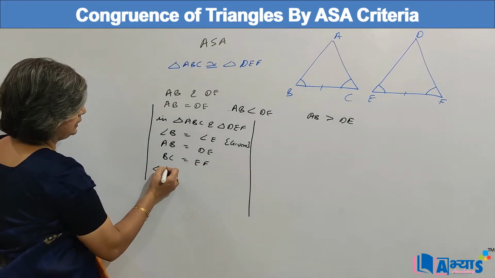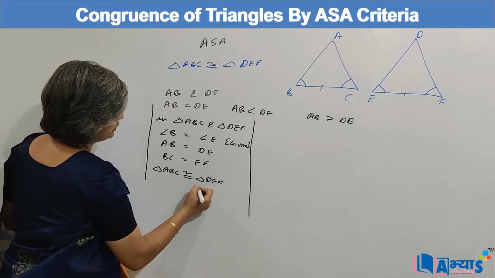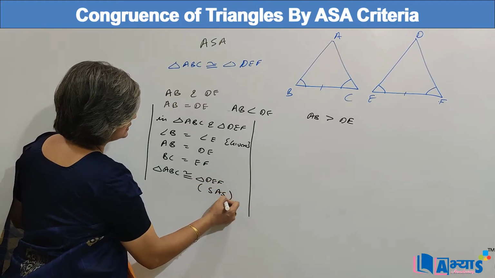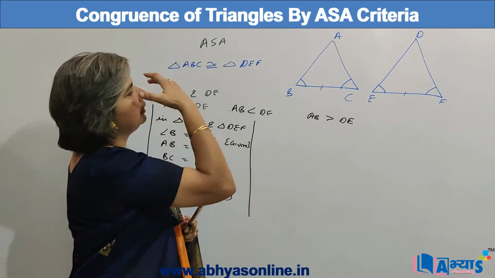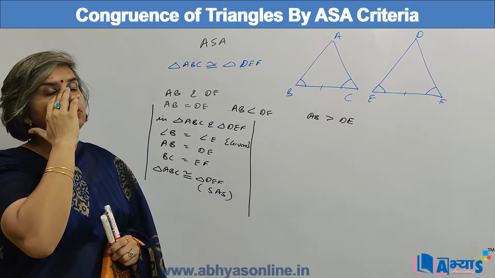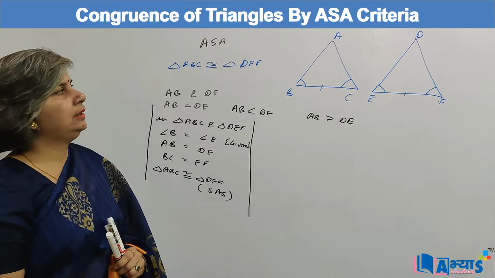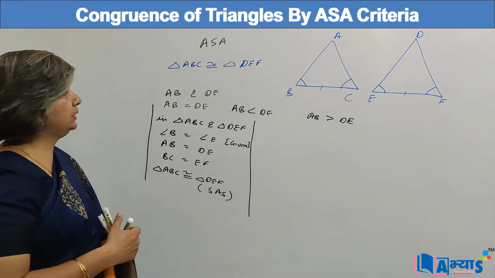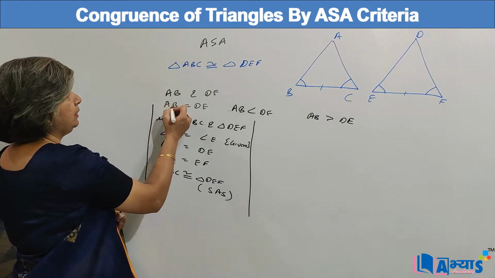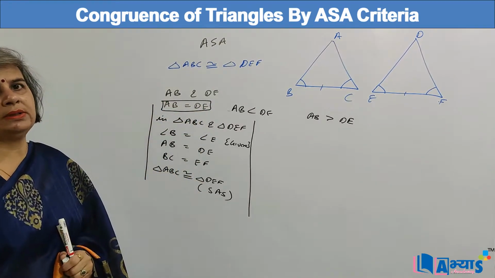So triangle ABC is congruent to triangle DEF using the criteria SAS. That means side, included angle and the side. That means if AB is equal to DE, then the triangle ABC is congruent to triangle DEF using the criteria angle, side, angle. So in the case 1, we have proved that the triangles are congruent.